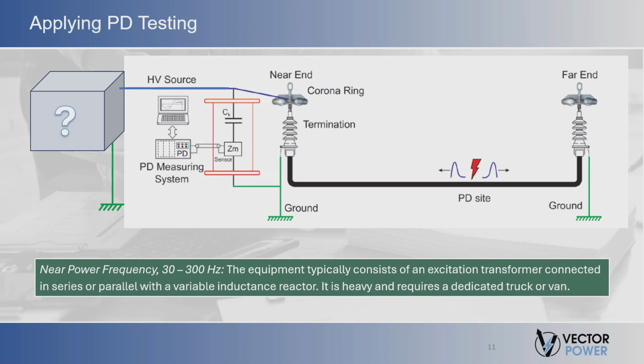We also have near power frequency operating in the 30 to 300 Hertz band. The equipment typically consists of an excitation transformer connected in series or parallel with a variable inductance reactor. It is heavy and requires a dedicated truck or van to transport.